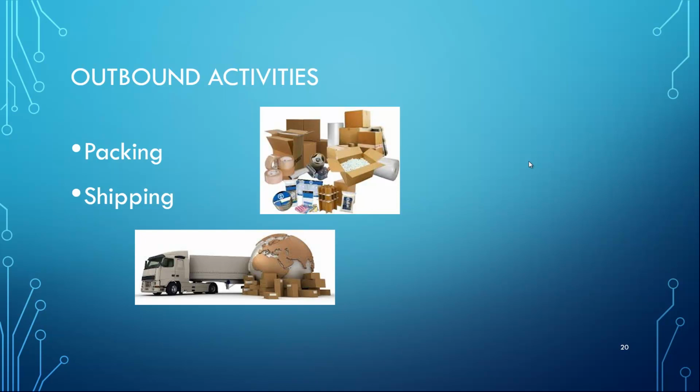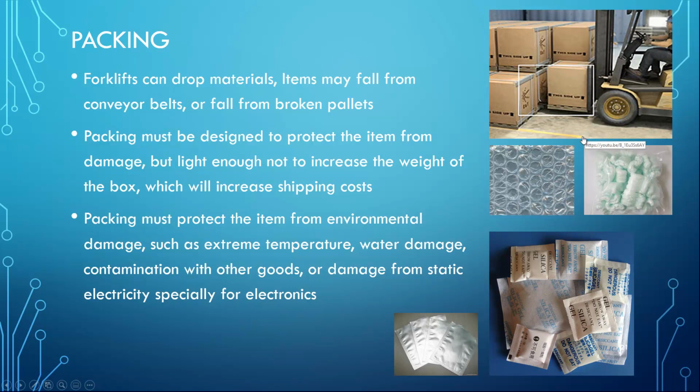The shipping activity will include confirmation, invoicing, sealing, staging, and loading. So during packing, a forklift can drop material. Items may fall from a conveyor belt or fall from broken pallets.